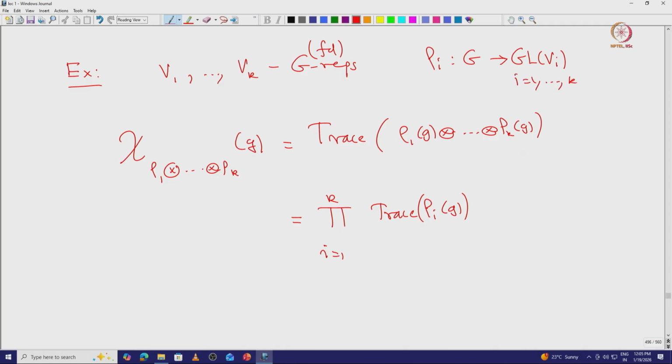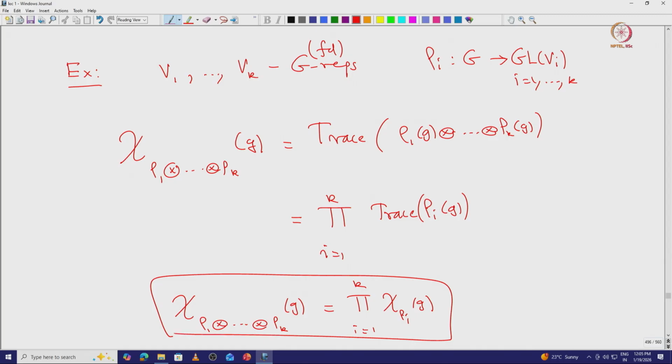From this you can conclude that the character of the tensor is nothing but the product of the characters. So this is what was already expected. The direct sum gives you the sum of the characters, and the tensor product gives you the product of the characters. Basically, the character map is well behaved.